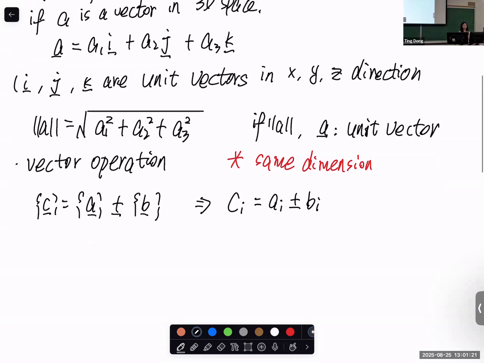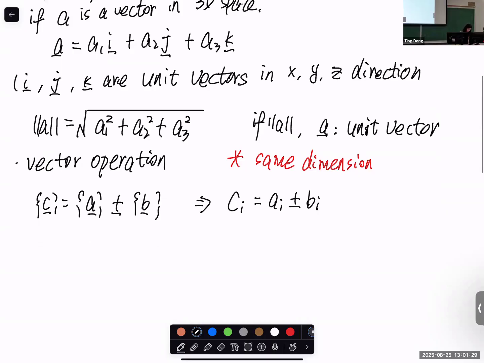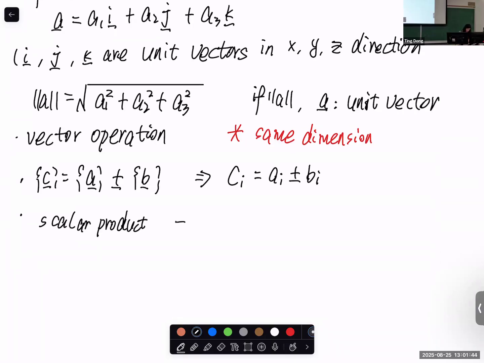I think it's very easy to tell the difference. I mean, with the scalar product, you get a scalar in the end. With the vector product, you get a vector in the end. So the result of the scalar product should be a scalar.